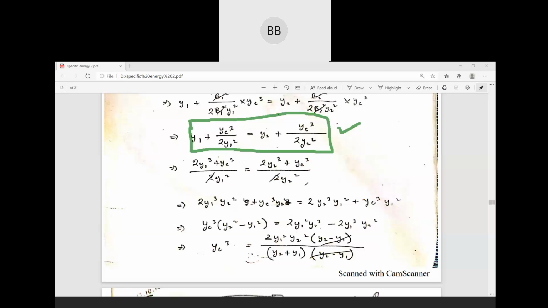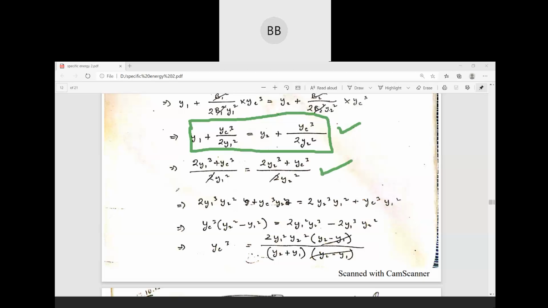Similarly here also we take the LCM and solve. There is y2 and here y2 square, so it will be multiplied: twice y2 cube plus yc cube. This is simple mathematics. This 2 and this 2 will be cancelled out.